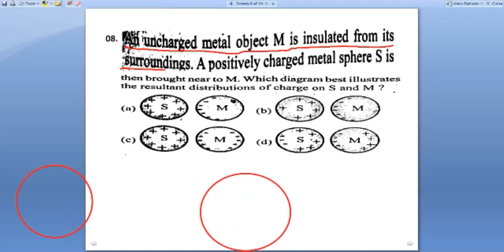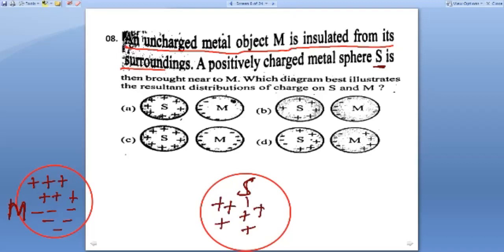Uncharged body means the number of protons is equal to the number of electrons. So this body is M, and this body is S, which has positive charge.